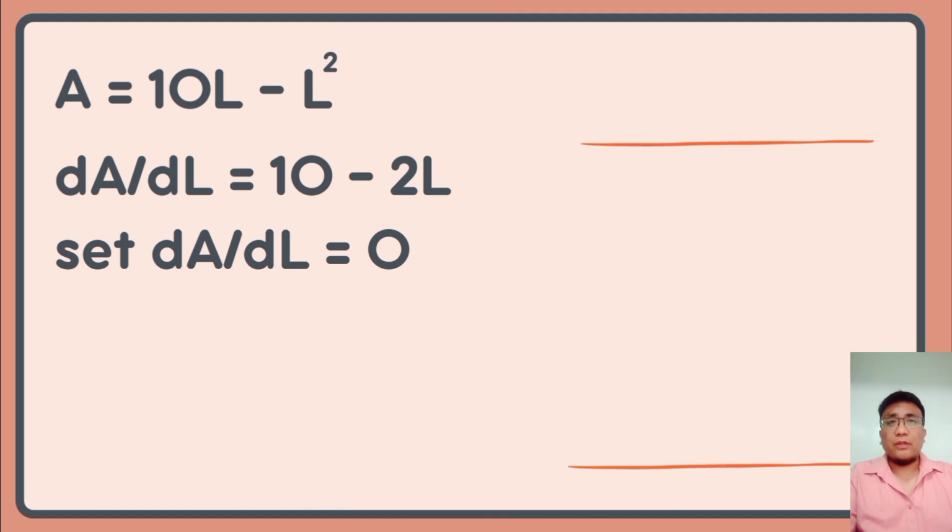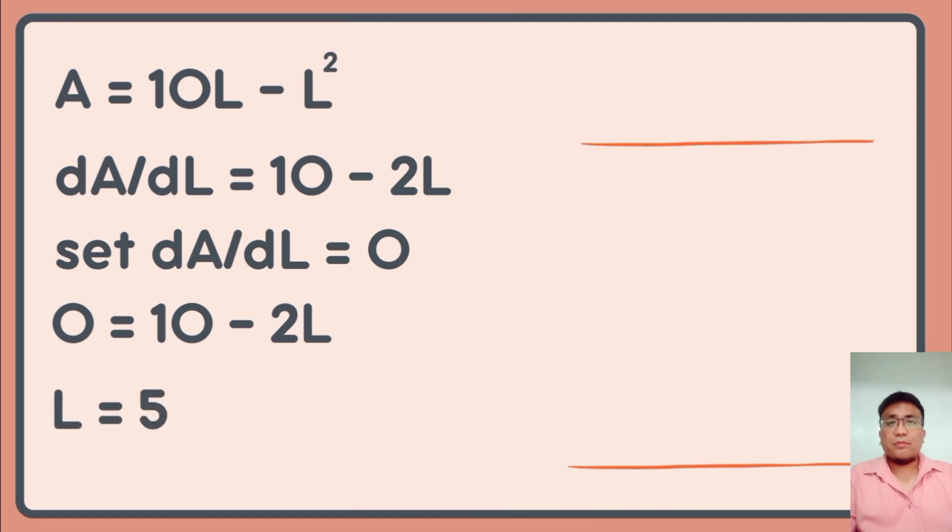So later, we will identify the importance of setting dA over dL, or the derivative, to 0. So proceeding, 0 is equal to 10 minus 2L. And then we can get the value of L, which is 5.